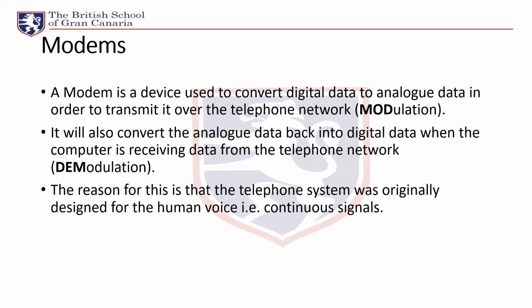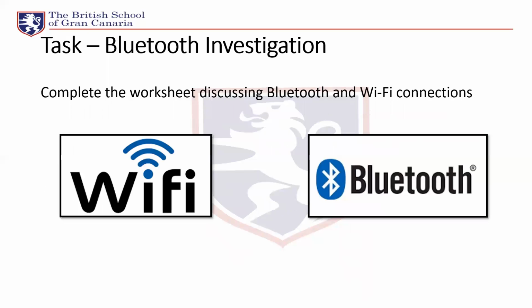The reason for this is that the telephone system was originally designed for human voice only, so it would be continuous signals. But that's not the case anymore, because although telephones were originally designed for the human voice, now with different cables such as fiber optic fitted, it works differently.